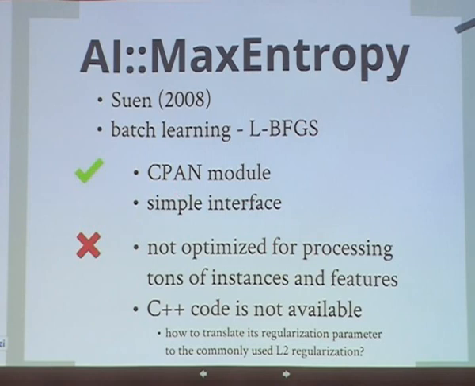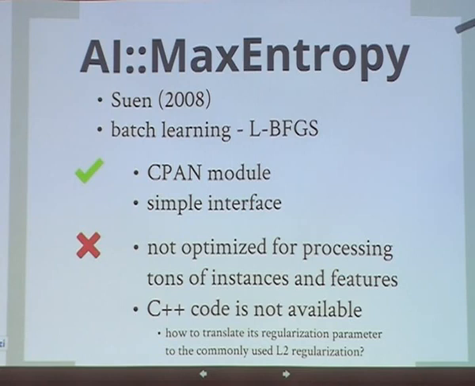Pros are that it's a CPAN module, so it has a simple interface. It can be easily used in our Treex or in the Perl environment. Cons, or drawbacks, are that it's not optimized for processing tons of features or instances, and also that it's not entirely implemented in Perl.